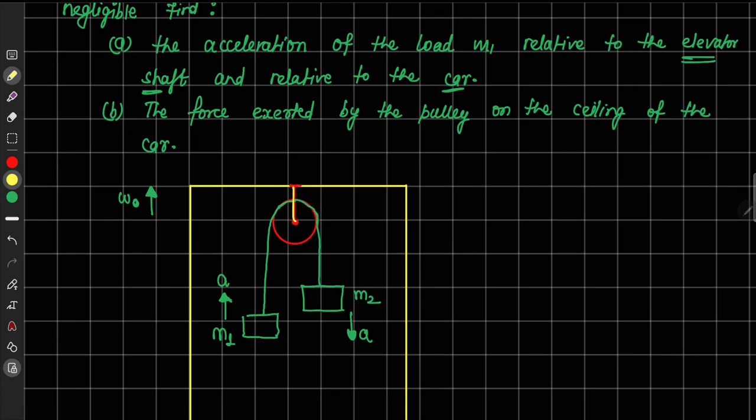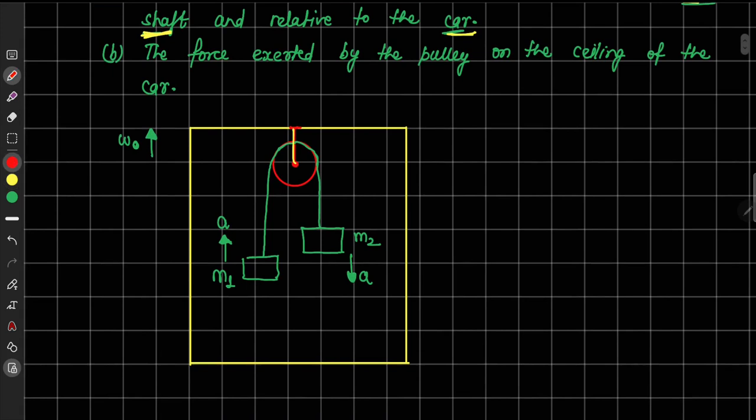Now let us first understand what is the meaning of elevator shaft and elevator car. So let us say we are having a building in which the elevator is moving from the ground floor to the topmost floor, and it is moving with the help of the guide rail.